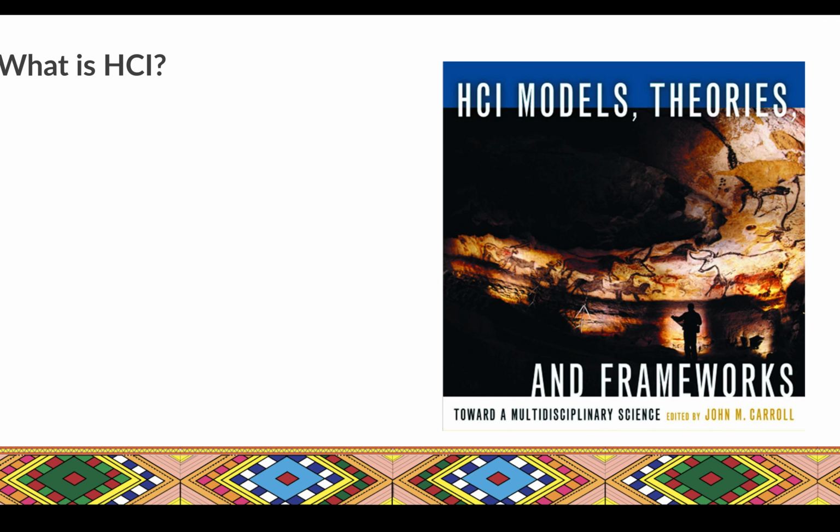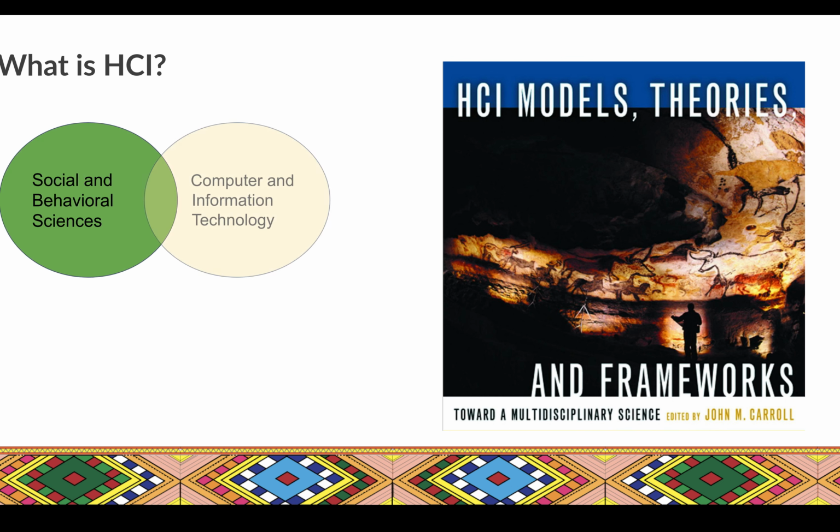First, let's define what HCI is. A lot of people define HCI in a lot of different ways, but my favorite perhaps is from this book that defines HCI as the intersection between social and behavioral sciences and computer and information technology.